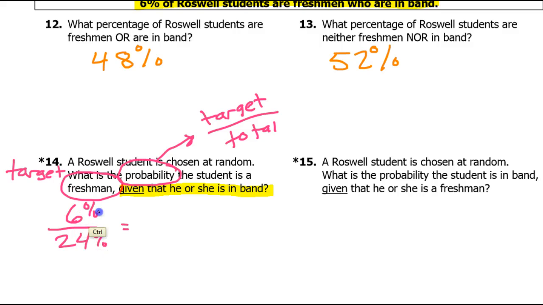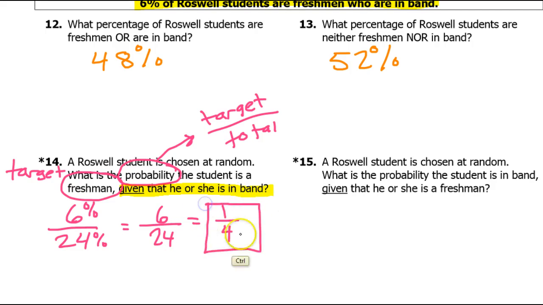The percent part is now going to cancel out. So this is really just going to be 6 over 24. It's not percent anymore. And 6 over 24 reduces down to 1/4. So that is the answer in fractional form.